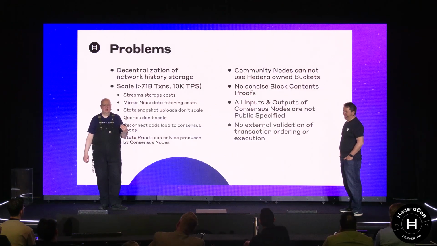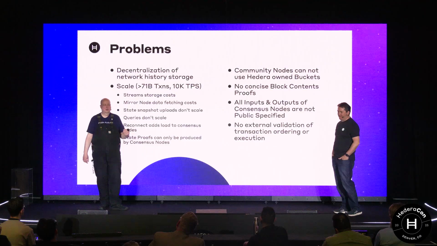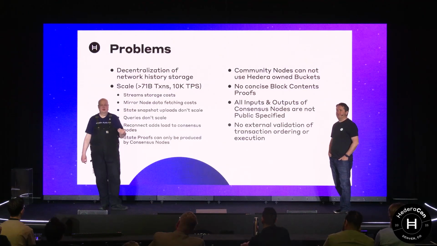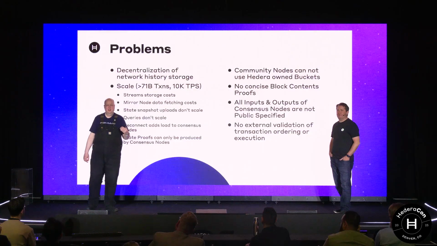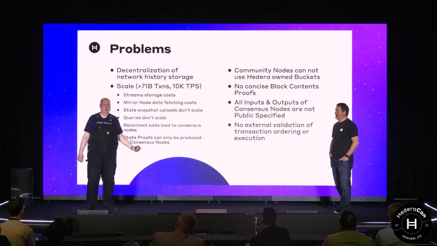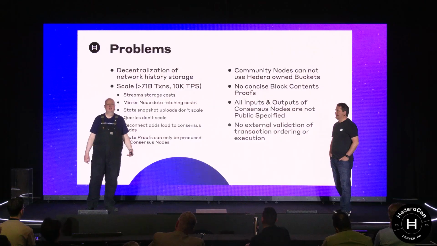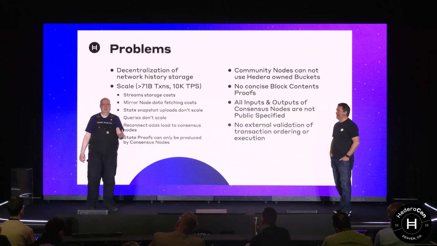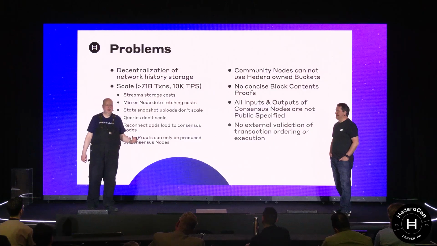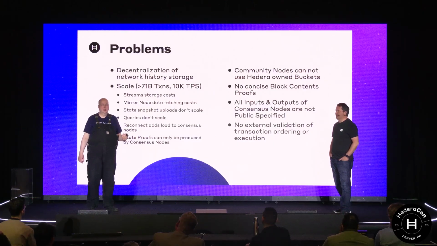One of them was the cost of running a mirror node. Amazon and Google make an awful lot of money by charging a lot for their services. It's very expensive to get the data out of buckets. It's expensive for us to put it in there, expensive to maintain it every month, and expensive for people to get the data out of those buckets. Back when I started this, I think the cost for a mirror node to read all the data was about $20,000 to start up a new mirror node.